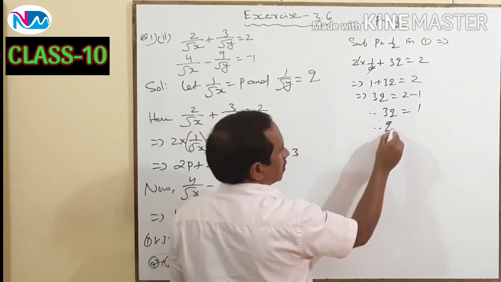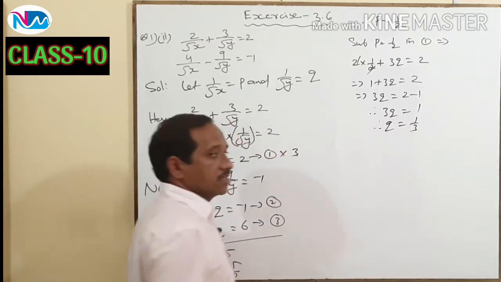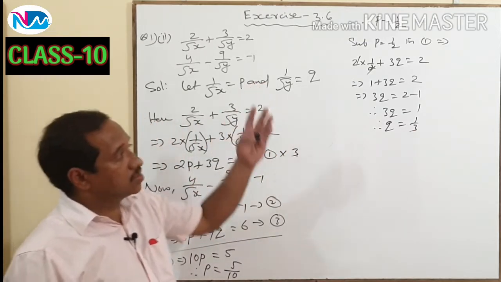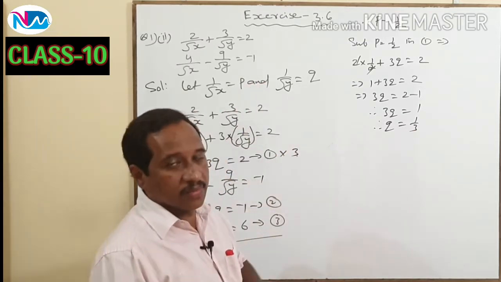Hence we get q is equal to 1 by 3. So we have p is equal to 1 by 2 and q is equal to 1 by 3.